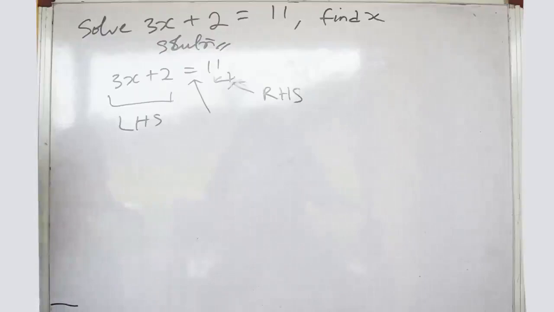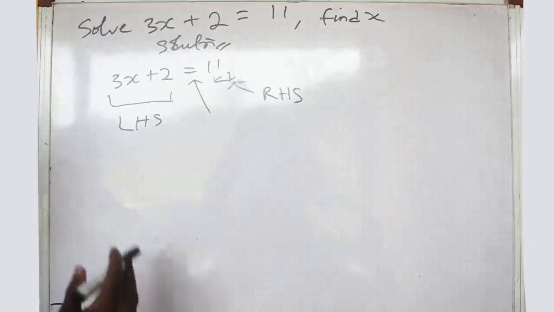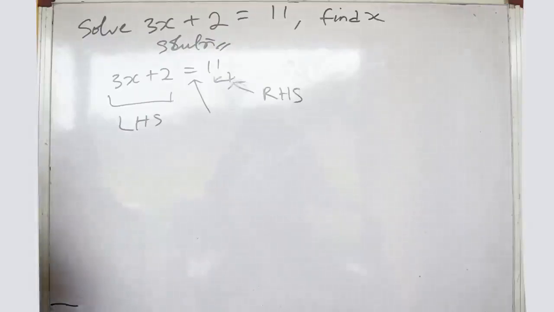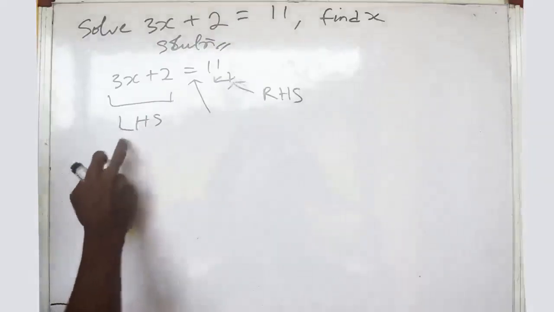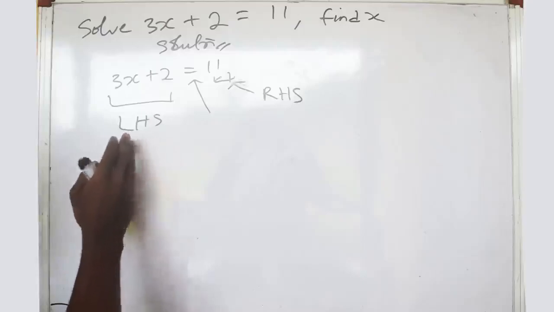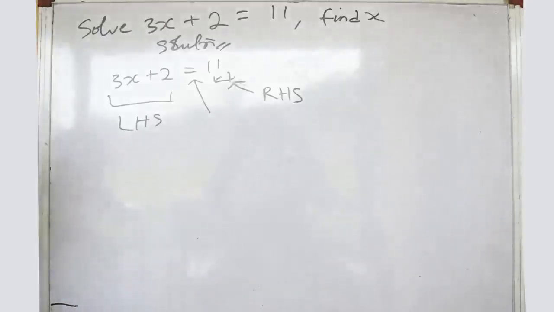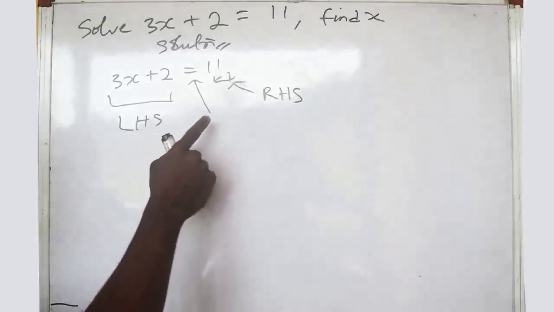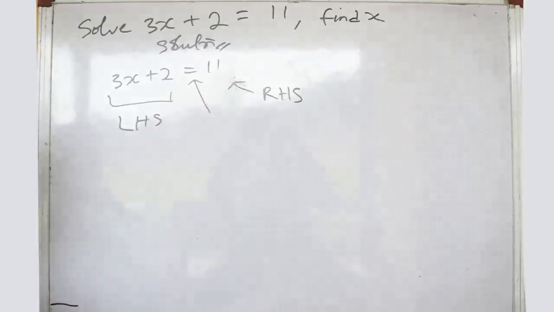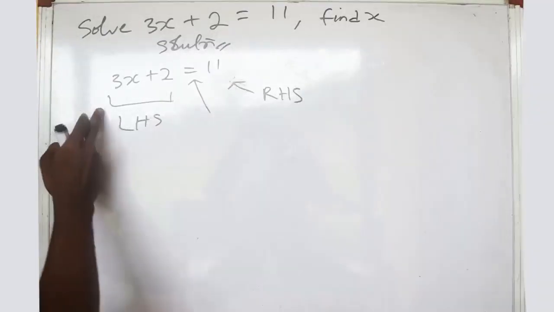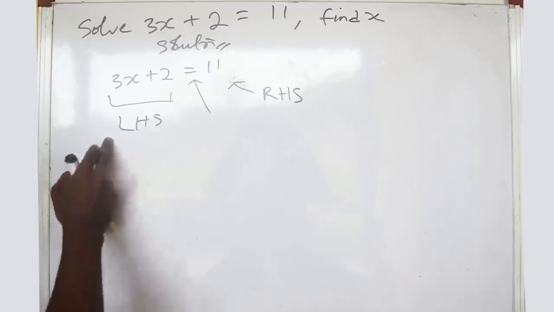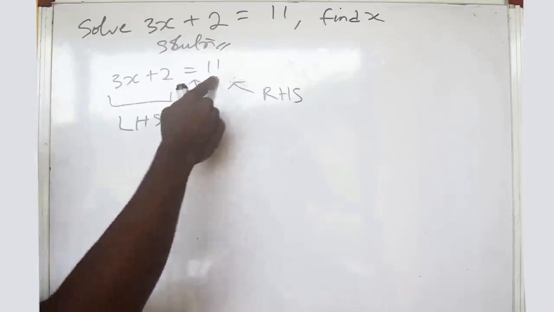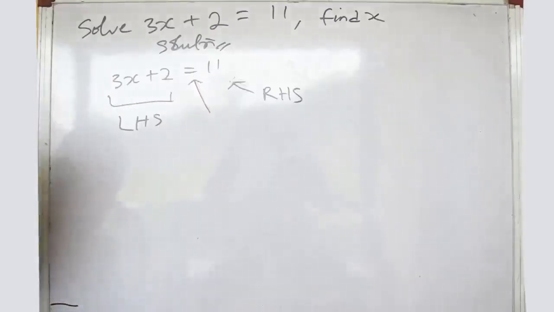In order to solve this or to prove your answer, you have to keep these two things in mind, because they will help us. In plain English, it is telling you that whatever is at the left hand side must be the same as whatever is at the right hand side.